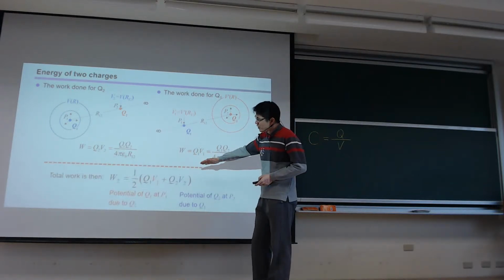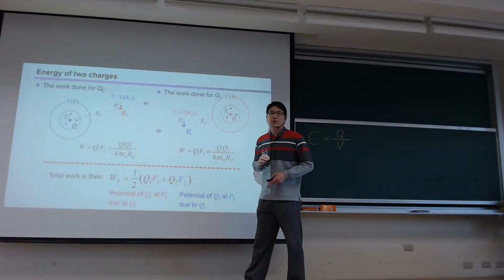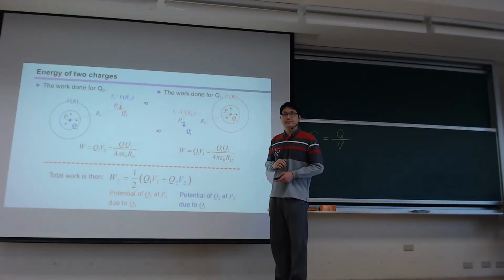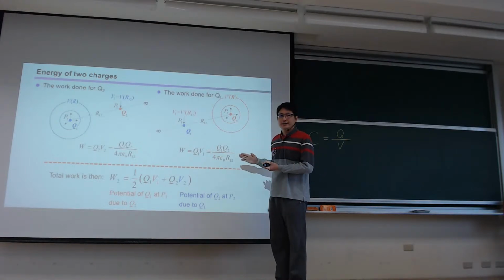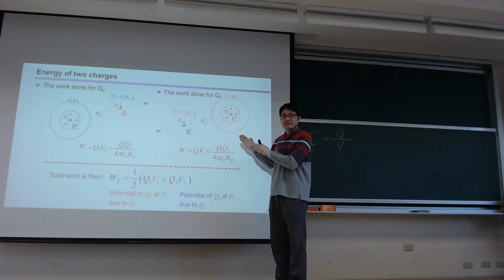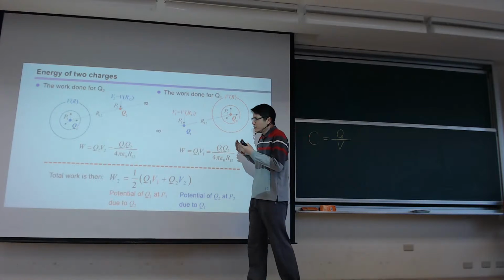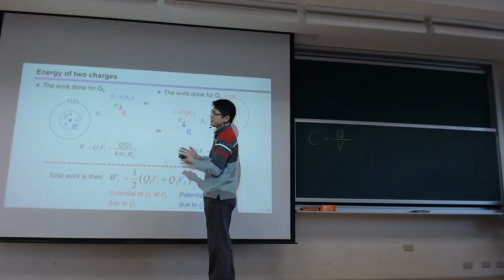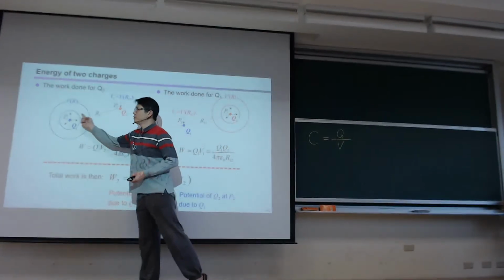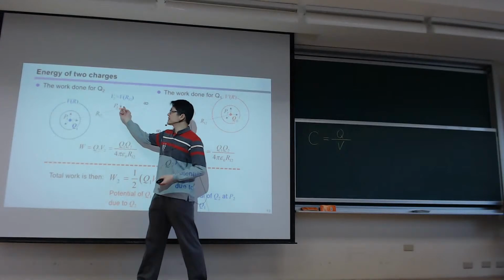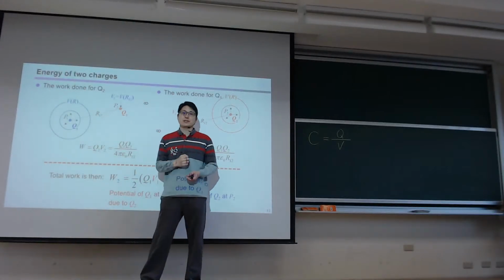But let's take a look at this mathematical equation. If I don't really care which particle is present first, I look at the entire system, well, I have two charged particles separated by a certain distance.